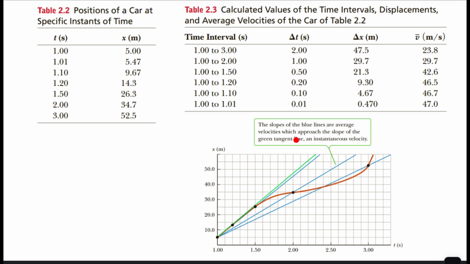The slopes of the blue lines, the average velocities, approach the slope of the green tangent line, the instantaneous velocity. If we want to know the instantaneous velocity at this particular time, we draw a tangent line and then calculate the slope of this tangent line. The slope of this tangent line is the V instantaneous at that particular time.